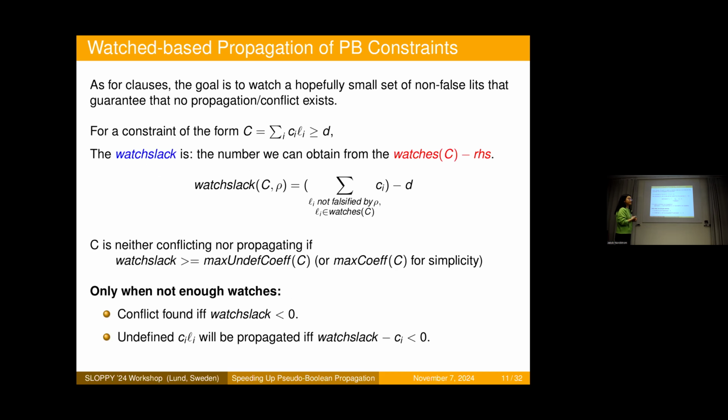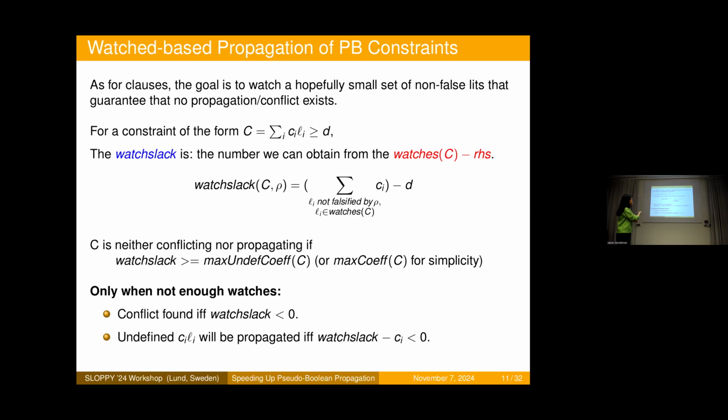Now, for efficiency, what if we use watched propagation? The idea is just like a clause. We hope to watch only a small subset of non-false literals to guarantee there is no propagation or conflict. So we define this watch slack, but just considering the watched literals.